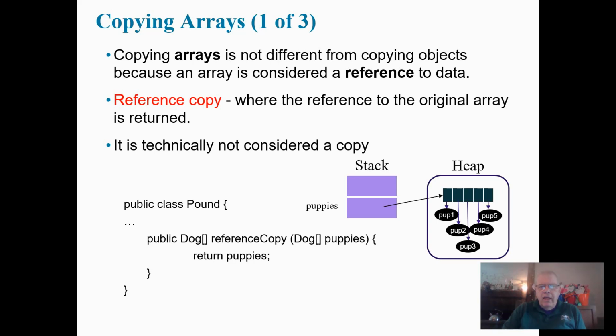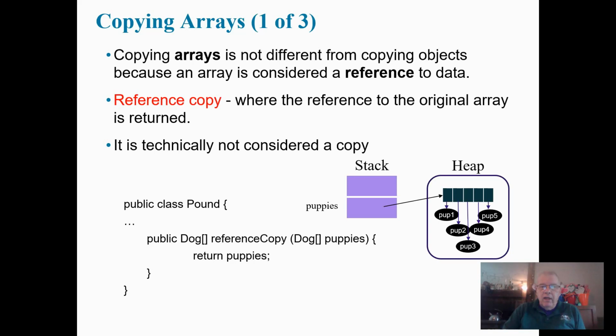So in the stack, though, for puppies is a memory address. We represent a memory address by an arrow. So anytime you see an arrow, you should think memory address. So this memory address points to an array of Dog. And that array is of size 5, it looks like.